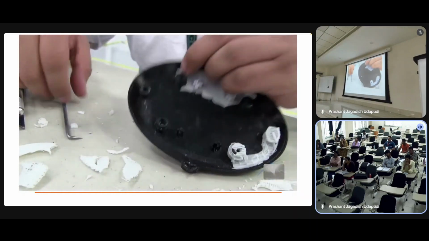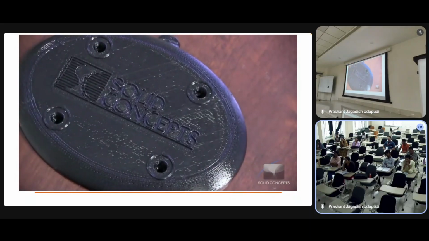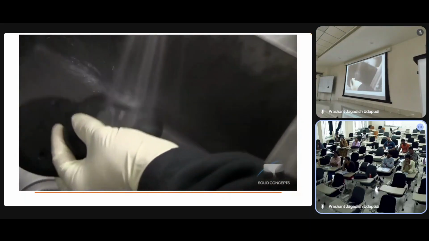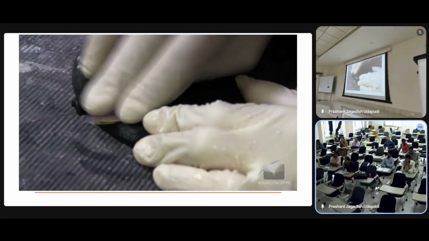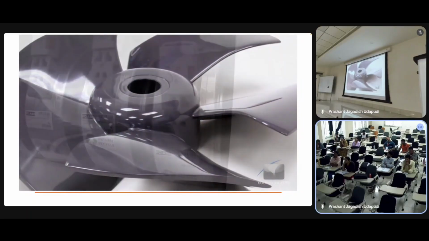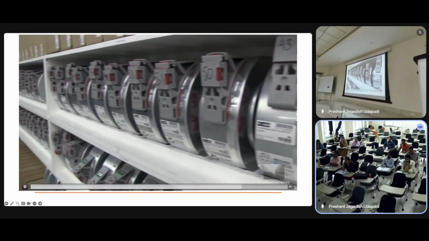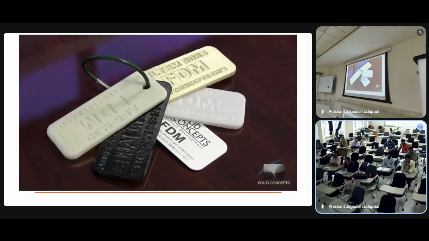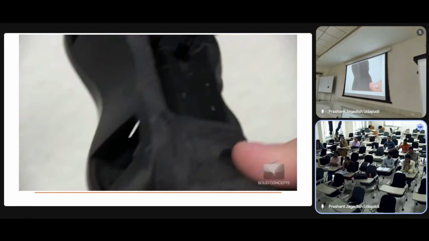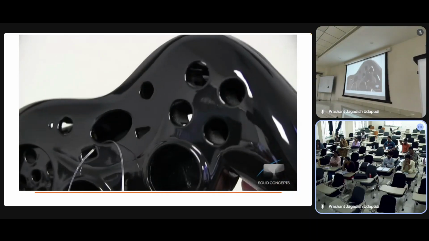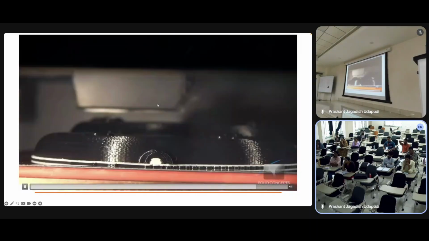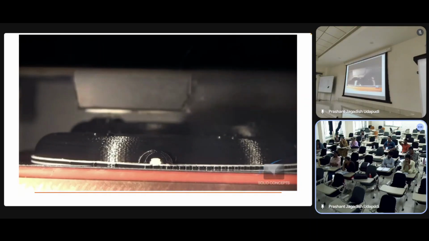However, service providers such as Solid Concepts offer multiple finishing options to create smooth, even surface parts including hand sanding, assembly, and cosmetic paint. Since FDM parts are constructed with production-grade thermoplastics, including ABS, polycarbonate, and Ulta, they are both functional and durable. FDM is utilized in a number of industries, including aerospace, automotive, industrial, commercial, and medical.